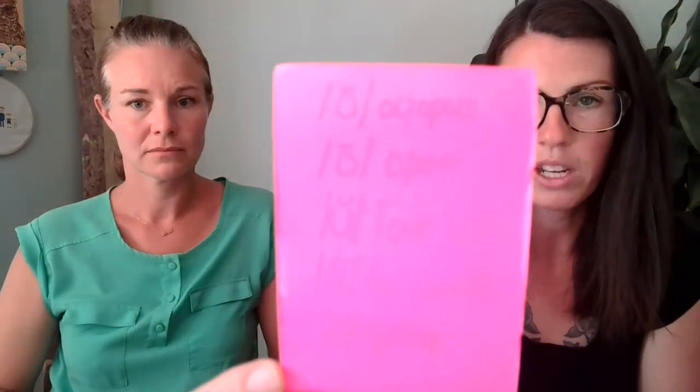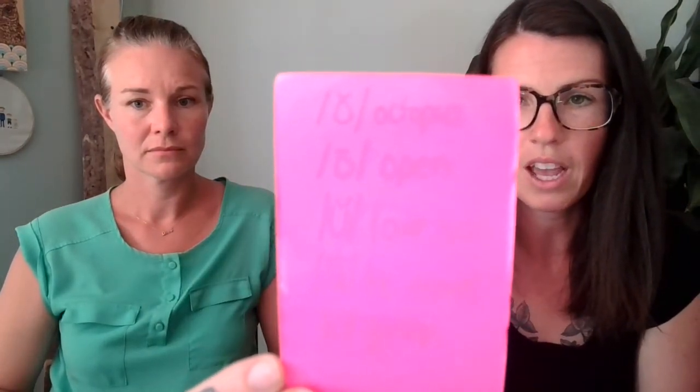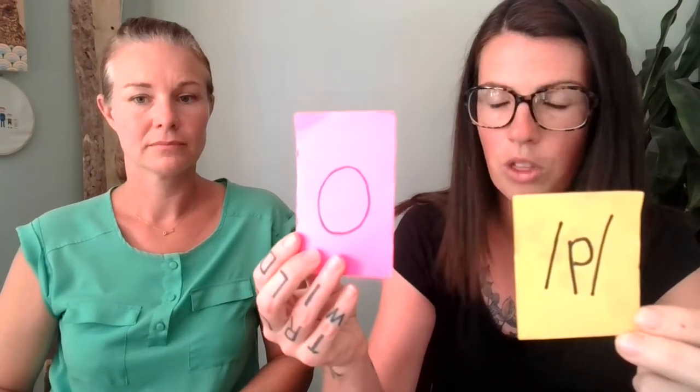You can see them on here a little bit. They're muted out because I have them in pencil. The phonemes are always represented with slashes on them. So this is the grapheme with no slashes beside it. This is the phoneme. And the reason we do this is so that we know that we're talking about a sound and not a letter.